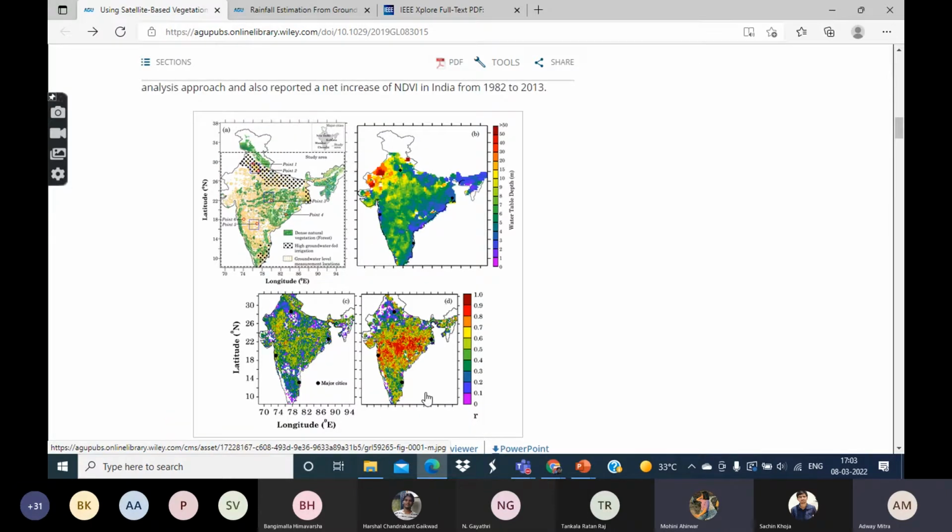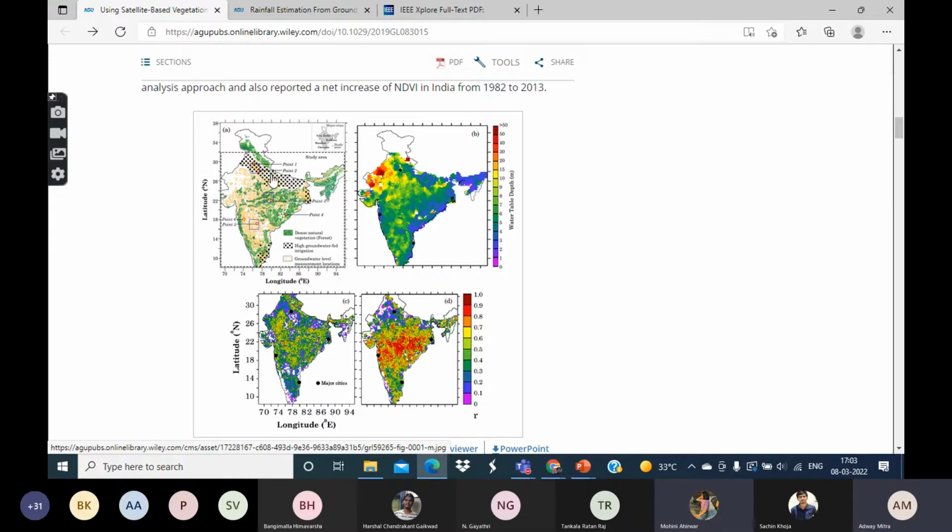The reason why the prediction is not so good in these regions is because there is a high groundwater fed irrigation. So these are the places where the agriculture uses a lot of groundwater. That is to say there is a lot of manual intervention.